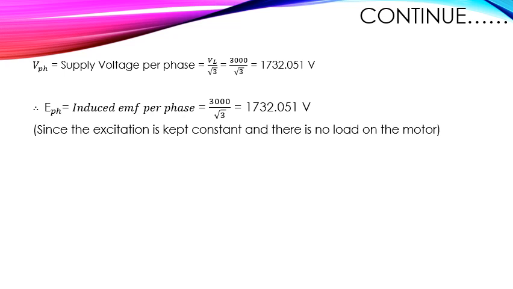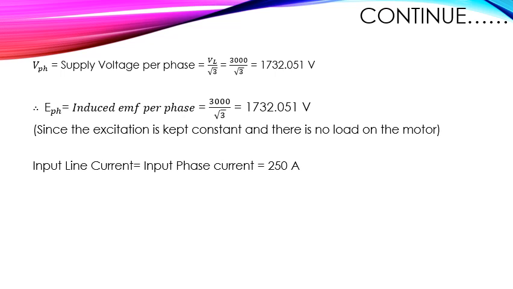Because the excitation is kept constant and there is no load on the motor. That's why the induced EMF and the terminal voltage are both the same. So again we have taken 3000 volt as the line induced EMF, and that's why the induced EMF per phase is equal to 3000 by root 3, and that is the same as the phase voltage.